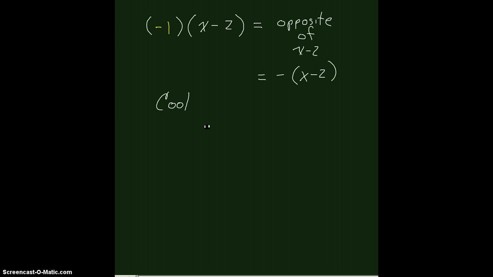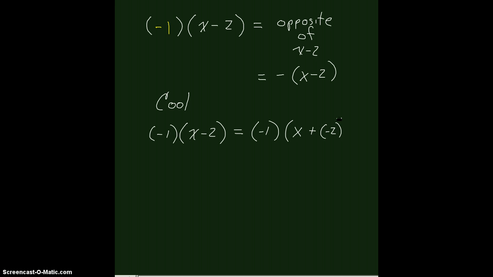Okay. Let's take this one step at a time now. And let's look at this -1 times x minus 2. So I have -1 times x minus 2. That's -1 times x plus a -2.